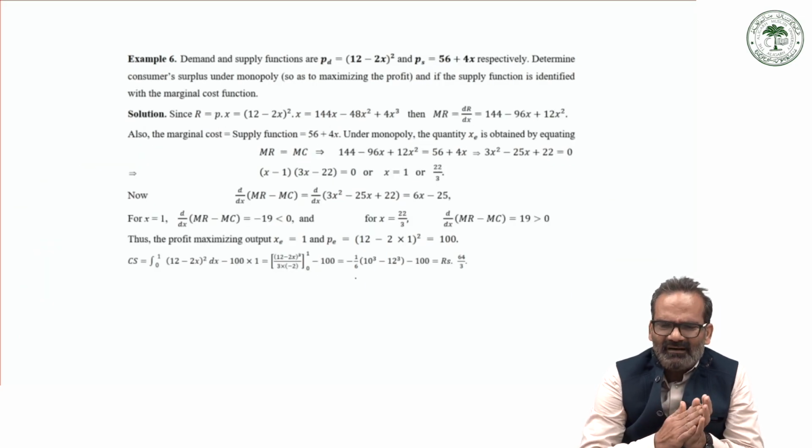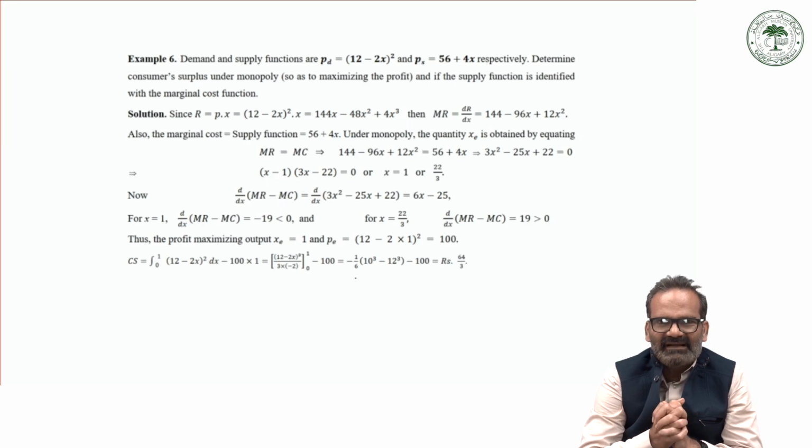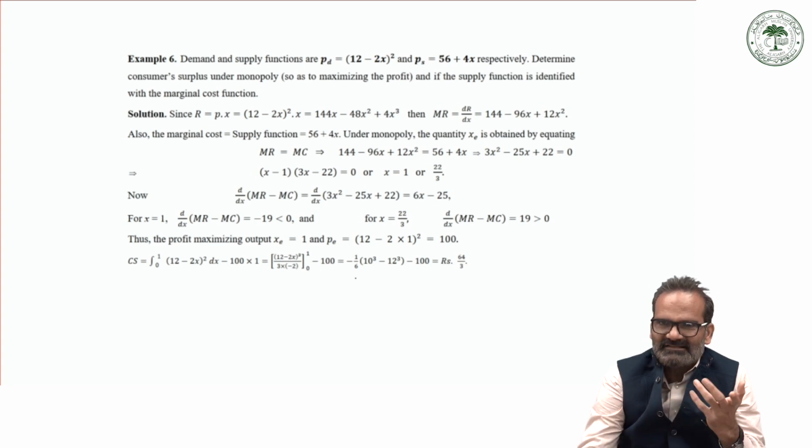This is also almost the same question. The demand and supply functions PD and PS are given by this respectively. Determine the consumer surplus under monopoly if the supply function is identified with the marginal cost function, right? So what is given?